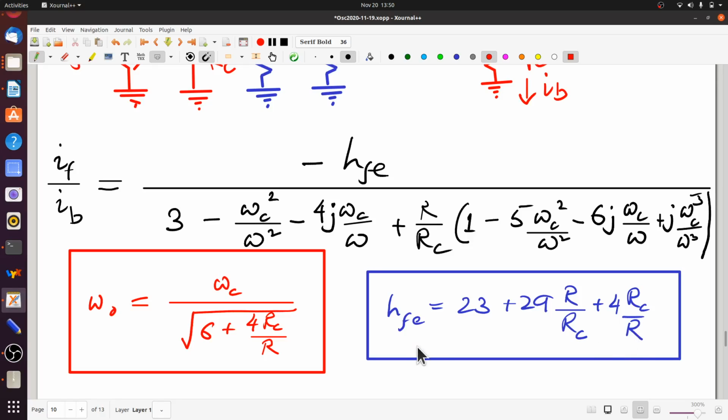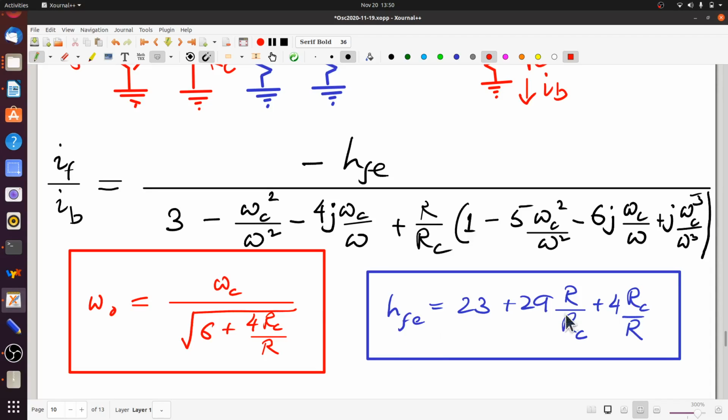In fact, you actually need an HFE which is larger than this. Of course, you might ask, is it possible to get an HFE larger than this? Because notice, this depends on R and RC, of course. But there comes the question, if I use an R and RC where the ratio is too big, I might end up with a huge value for HFE required for oscillations.